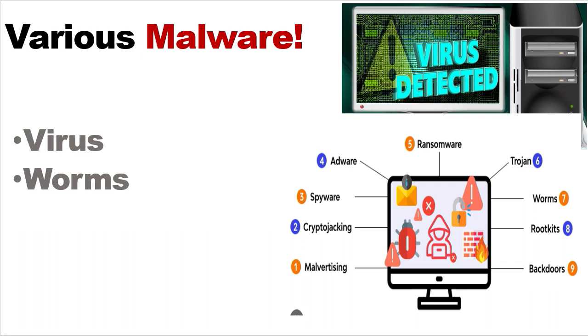There is a very big list: virus, computer worm, spyware, cryptojacking, malvertising, backdoors, rootkit, Trojan, ransomware, adware and more. I'm going to explain some of the important or very popular malware in this video. So let's start.